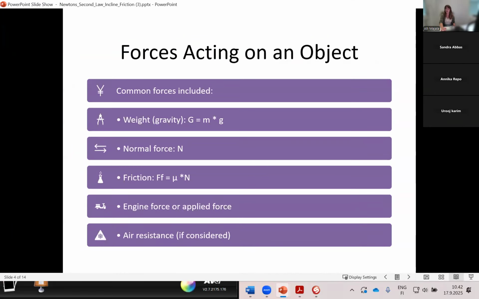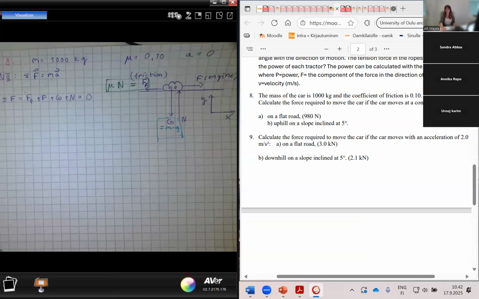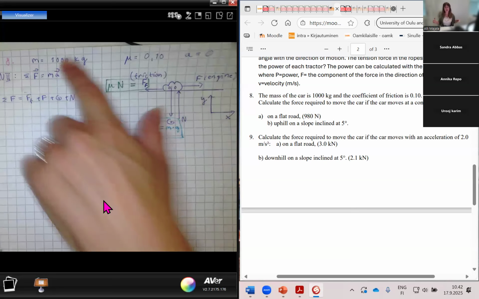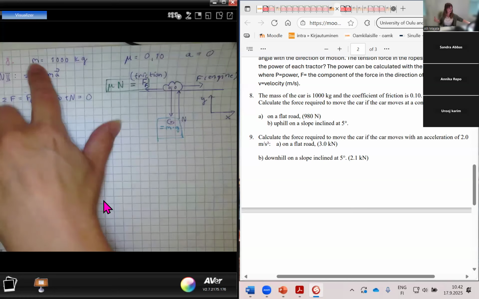What does it mean to have a vector? It's got a number, like it's either big or small. For example, 1,000 kilos, okay, but that is not a vector.